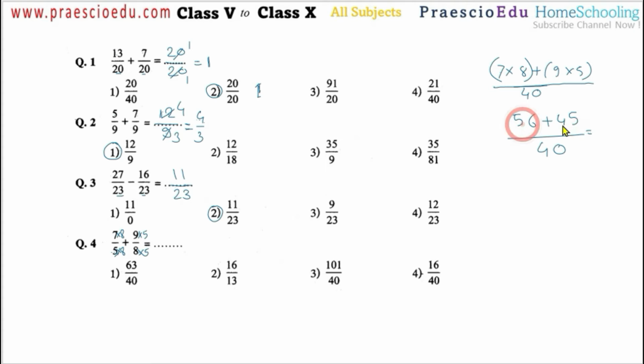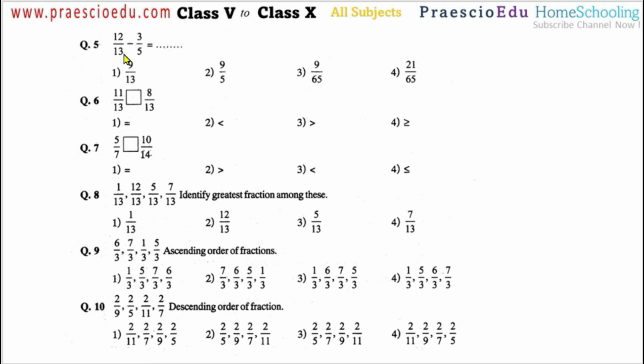So 56 plus 45 is 101 upon 40, which is given in option number 3.